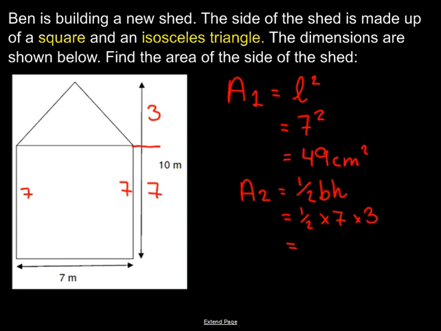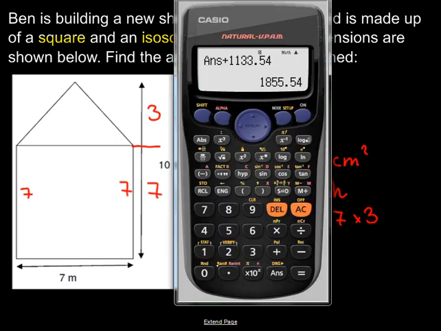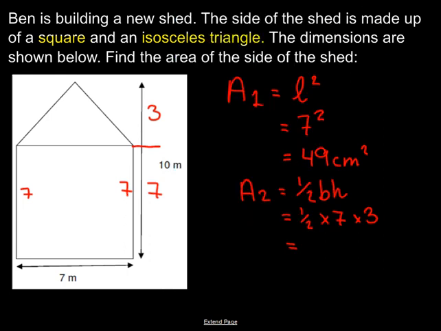What does that equal? Well, I'm going to use a calculator for that just to be on the safe side. A half, 0.5 times 7 times 3. Again, a fraction, 21 divided by 2, which is 10.5 centimeters squared.